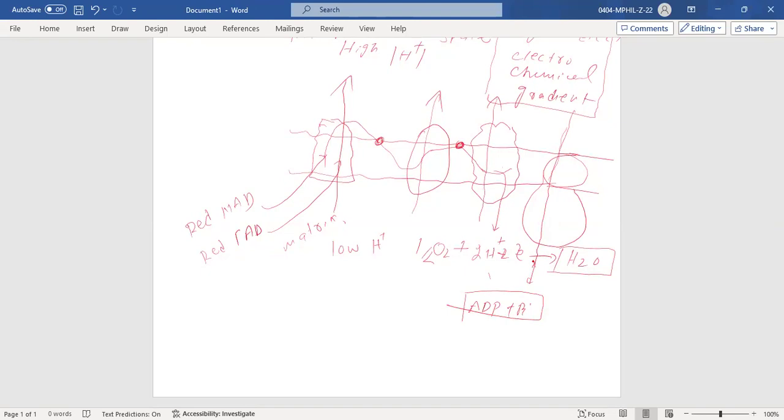During this transportation, the ADP is combined by this ATP synthase. Its function is to synthesize ATP. It needs energy, and that energy is provided by these protons which are transporting from the inner membrane space back to the matrix.